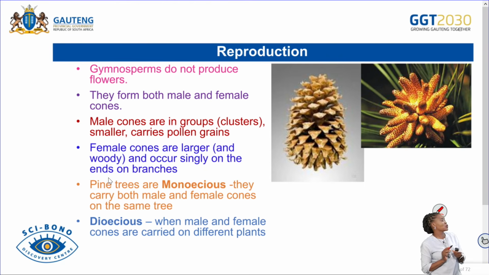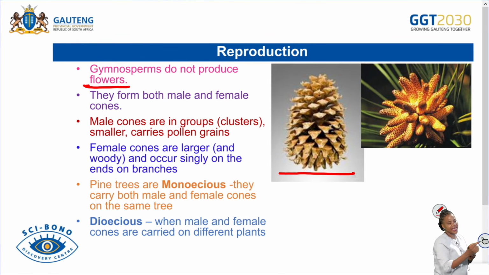Now let us look into the reproduction now of what? Of Gymnosperms. Gymnosperms, just like the previous divisions, just like the Bryophyte as well as Pteridophyte, they do not produce what? Cones, but they do have male and female cones. So this is the first plant that bears what?